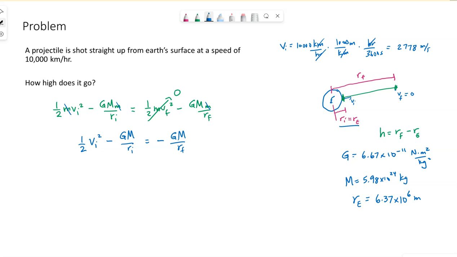So what I need to do to isolate R final is some cross multiplying. R final will equal negative GM over 1/2 V initial squared minus GM over R initial.